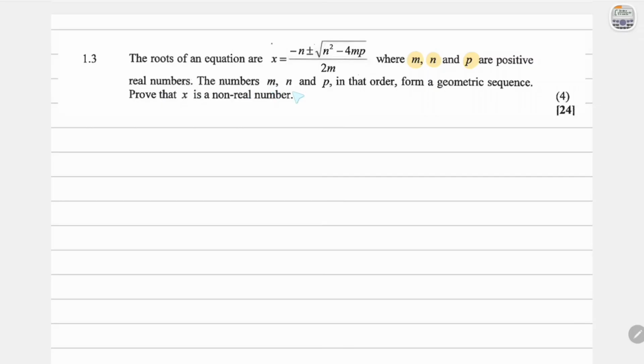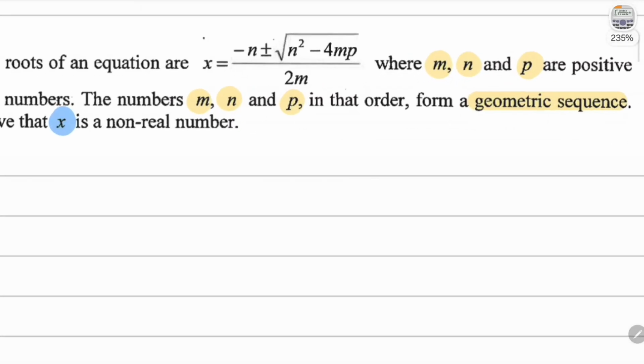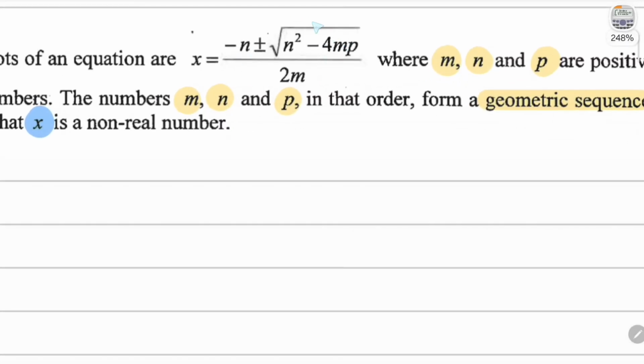The numbers m, n, and p, in that order, form a geometric sequence. Okay, so we'll see how we can apply that. And they want us to prove that x is a non-real number. So x is defined by substituting m, n, and p into the quadratic equation. And we need to ensure that it is a non-real number.